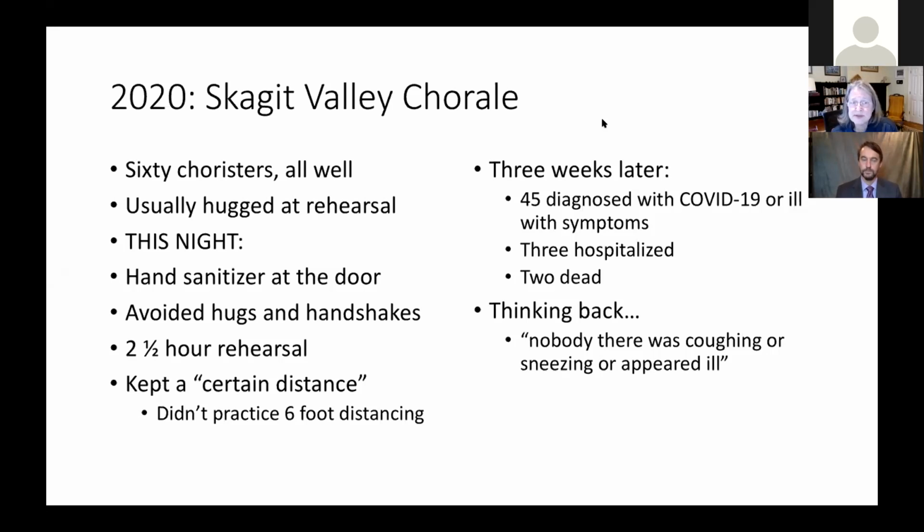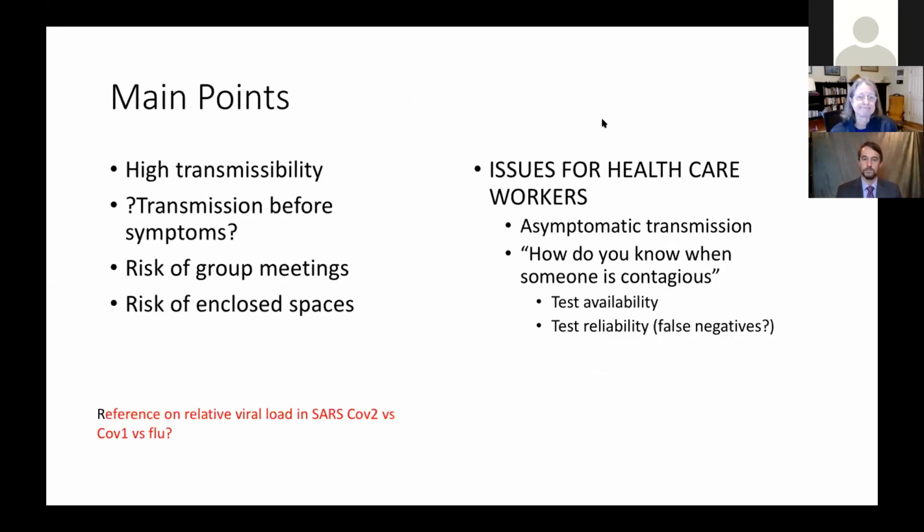The importance of this one is that it really has us paying attention to the idea of asymptomatic spread, and that we can't only rely on coughing and sneezing when we as healthcare workers are thinking about the community where we're working. Next.